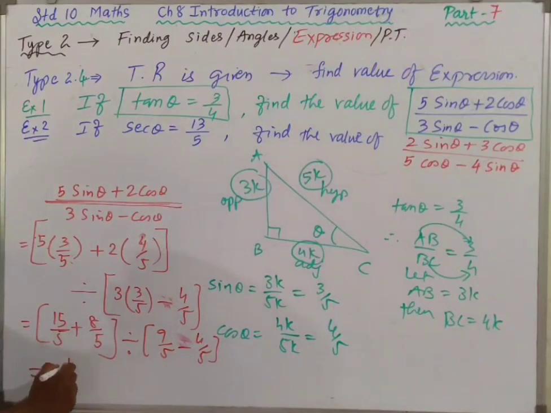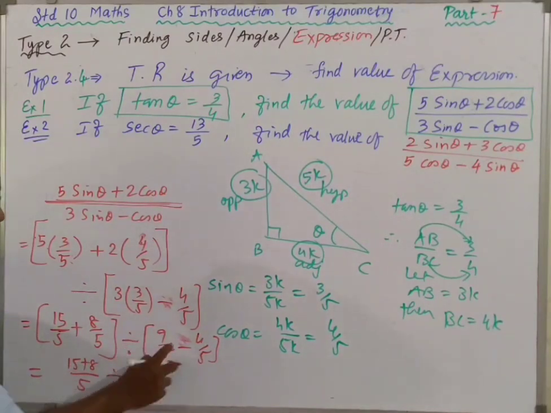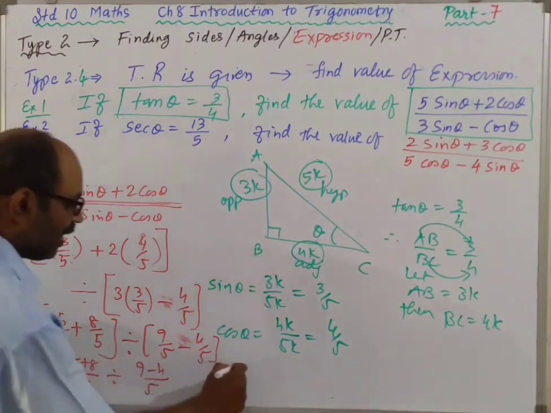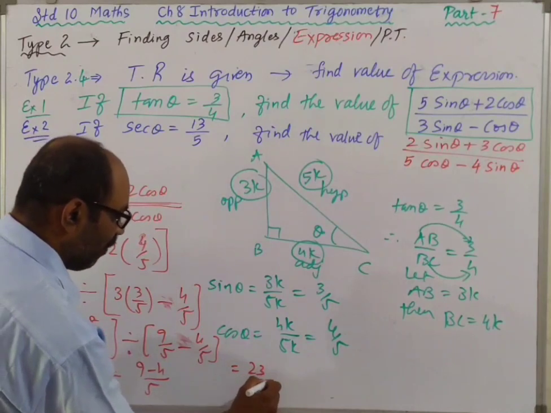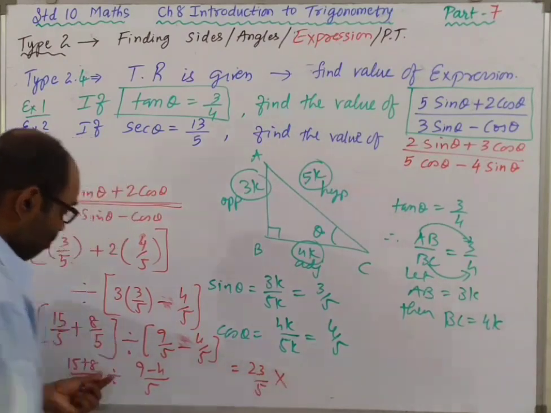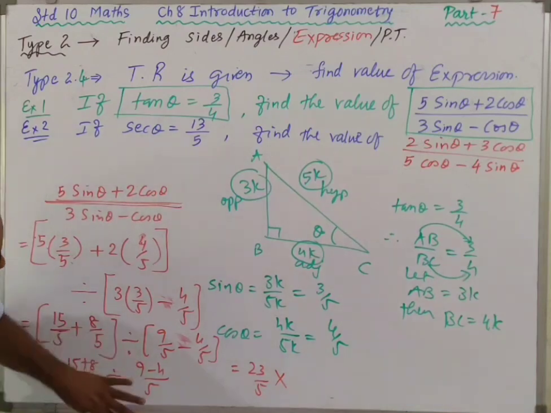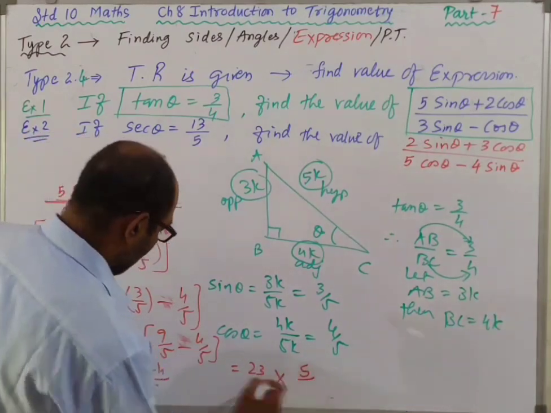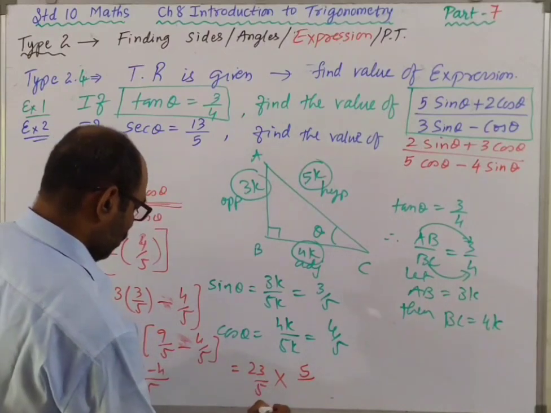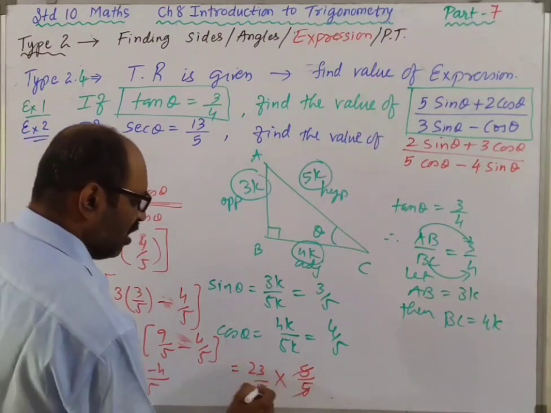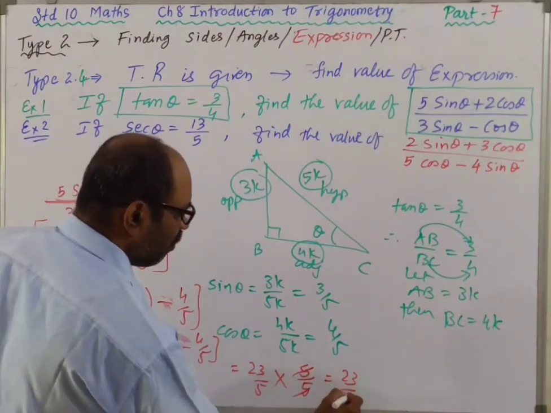Now this is 15 plus 8 whole upon 5 divided by 9 minus 4 whole upon 5. So that is 23 upon 5. I'm converting the division sign into multiply, so I have to make the inverse. So 5 upon 5. This 5 and 5 cancel. So the answer is 23 upon 5.